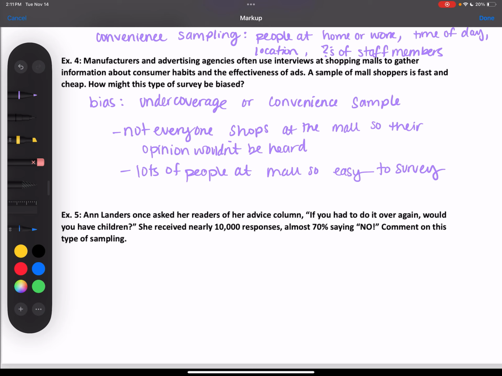But it's only people who really wish they didn't have kids. And obviously, it is kind of just the people who read her column. We don't really know what her column is about. Her columns could be the reasons you shouldn't have kids or something like that. I don't know.